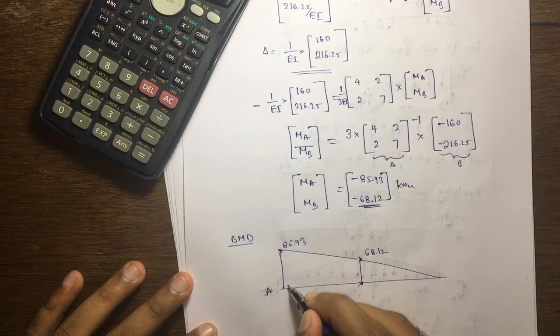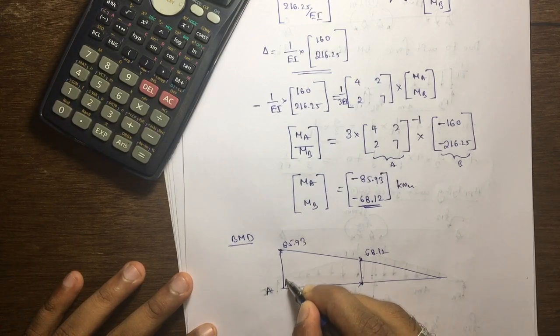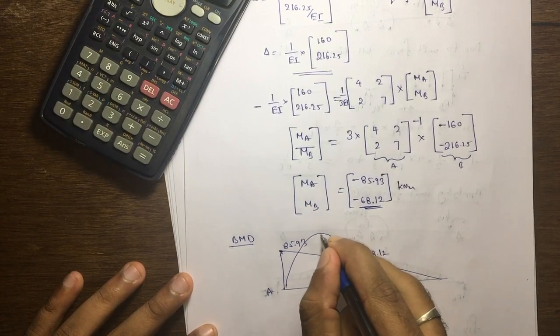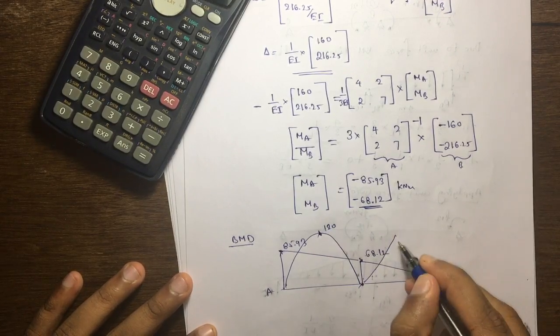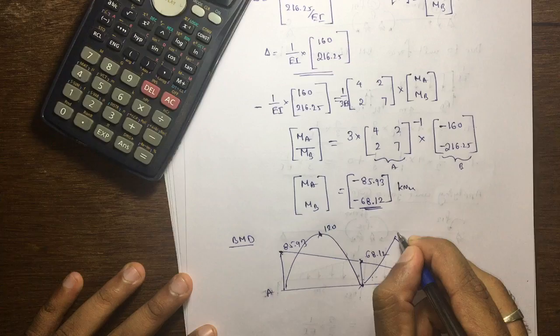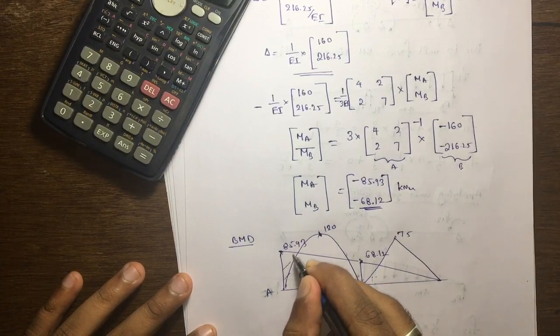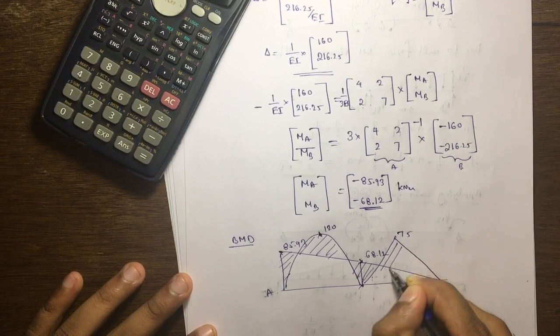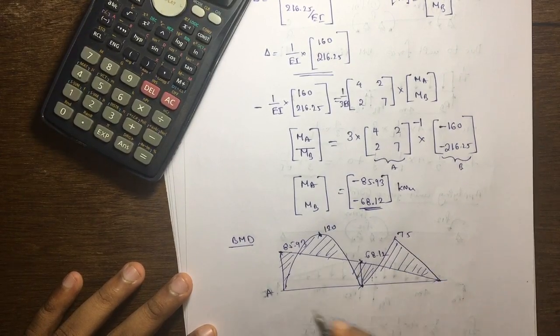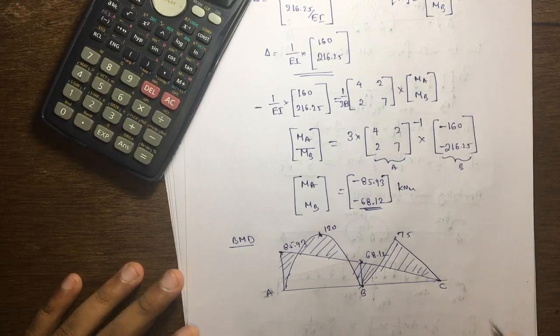Then free moments we have to write, that is for the first beam we already calculated at the beginning 120, for the second beam that is 75. So this is the bending moment diagram for the first problem.